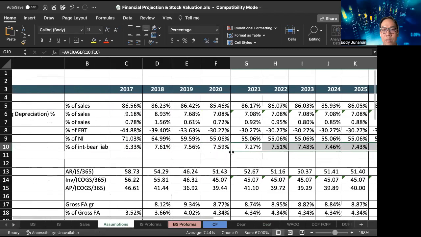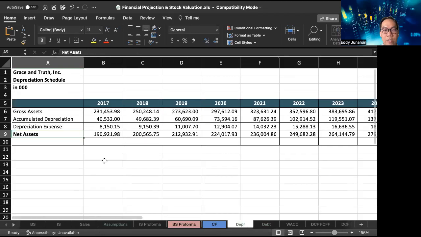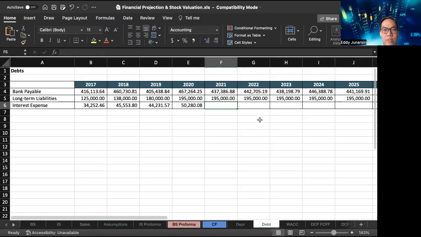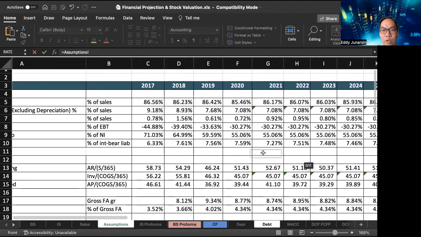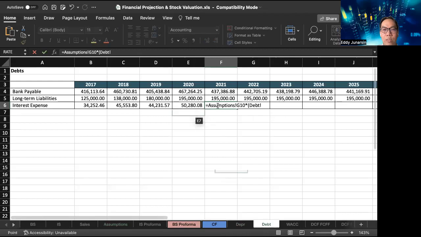Right. And based on those estimates, we come back here. So interest expense in 2021 should be here: the ratio estimate for 2021 times the interest bearing liabilities or debts in 2021.